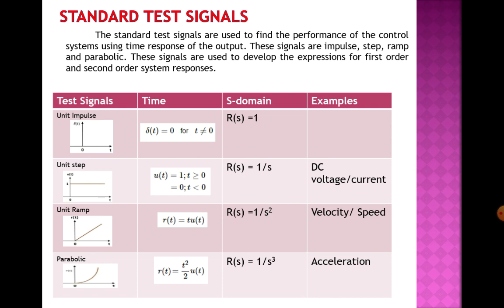Suppose I want to get the output response of a system, so we have to give inputs. We cannot give a practical input signal. Instead, we give some standard test signals in order to find the performance of the system. These standard signals are impulse, step, ramp, parabolic and sinusoidal signals.